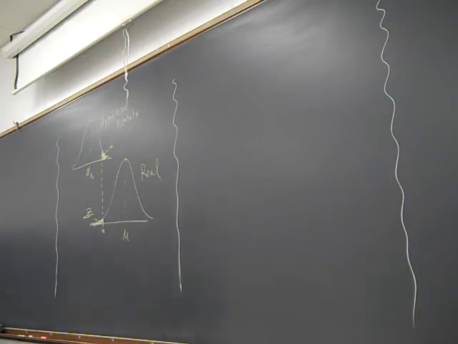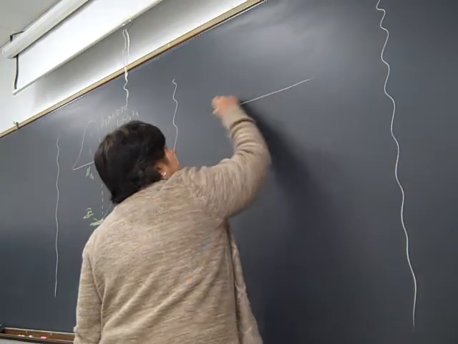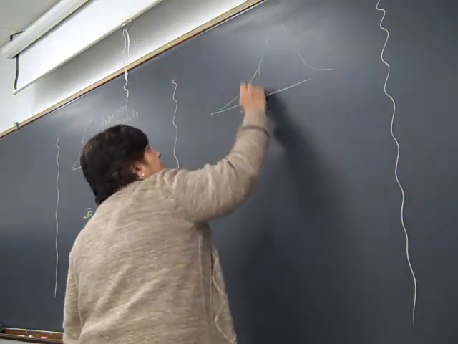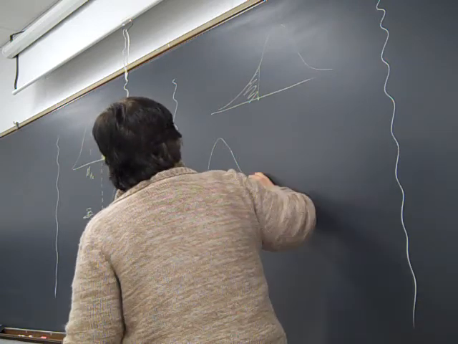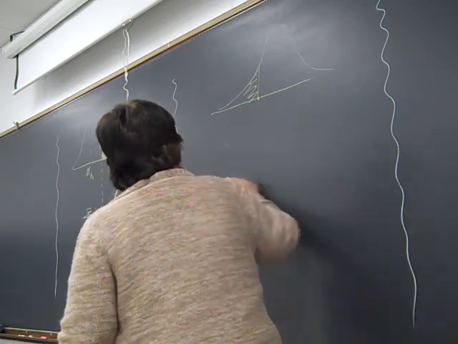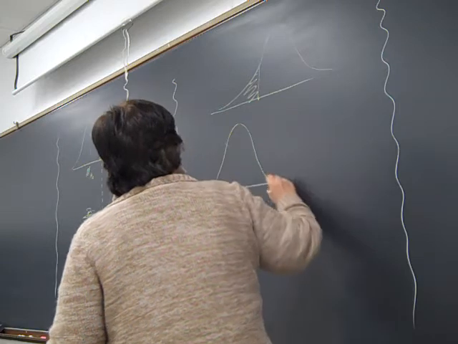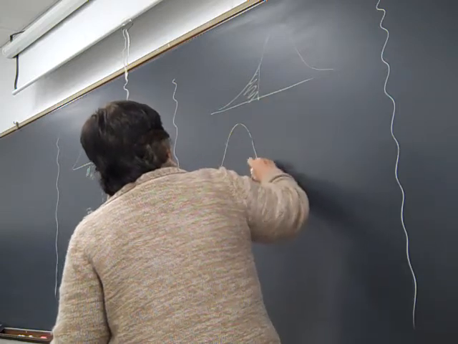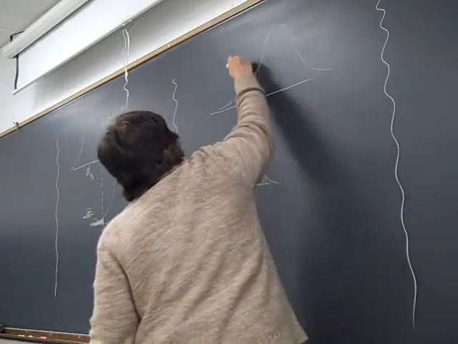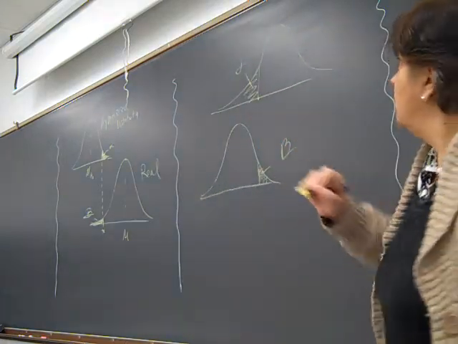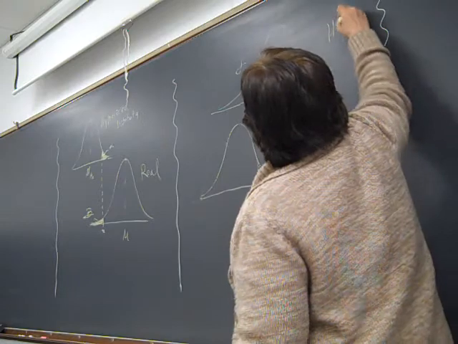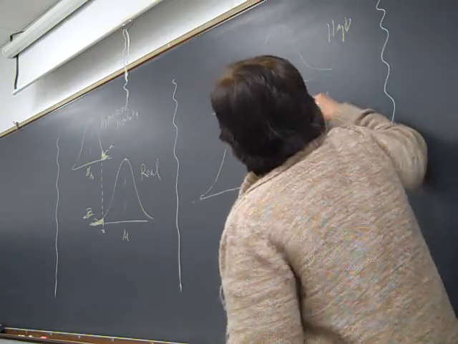What about when you have a lower tail test? If you have a lower tail test, and if this is the real one, then if this is alpha, this is beta. You see? This is the hypothesized, and this is the real one.